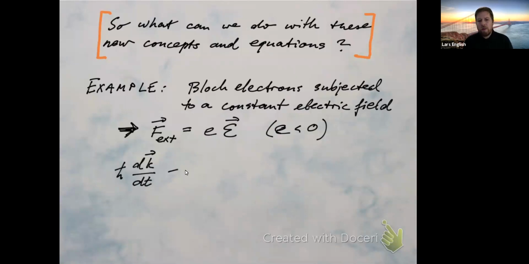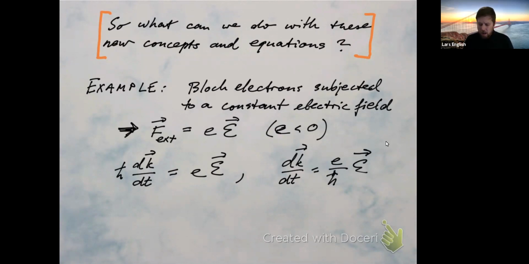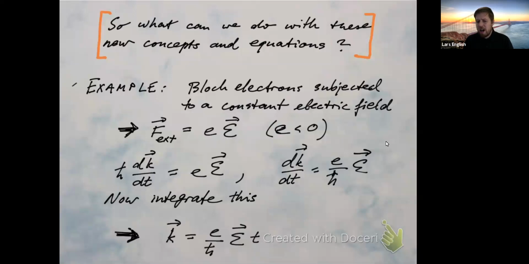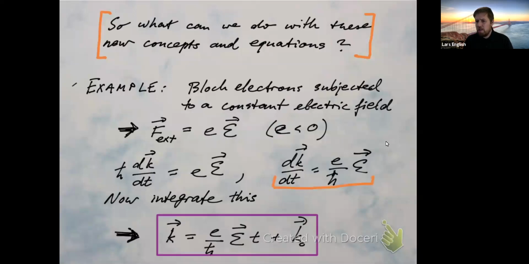So then we can say, using the acceleration theorem, that the change in wave vector with respect to time is equal to just e over h bar times that electric field. So very simple equation, and we can integrate that equation very easily as well, to arrive at the time dependence of the wave vector, right?